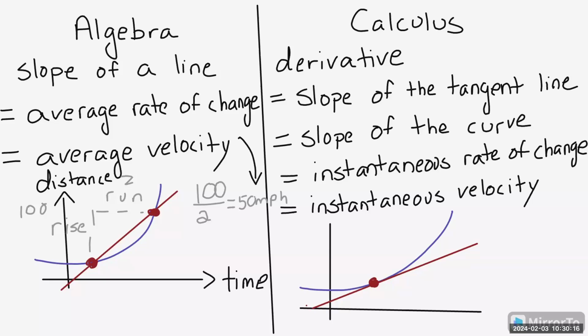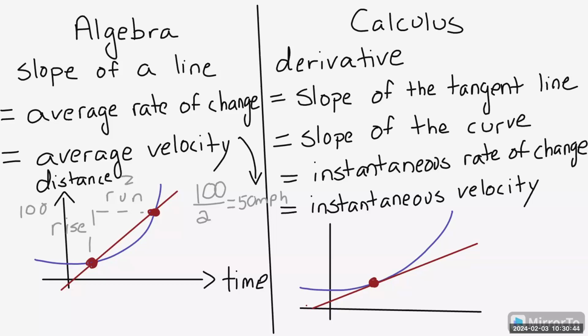I could have been driving 60 miles per hour at some points of the drive. At some points, I could have been driving 80 miles per hour. At some points, maybe I was at 10 miles per hour. So at various times of the drive, I'm not necessarily going 50 miles per hour. I could be going other velocities.